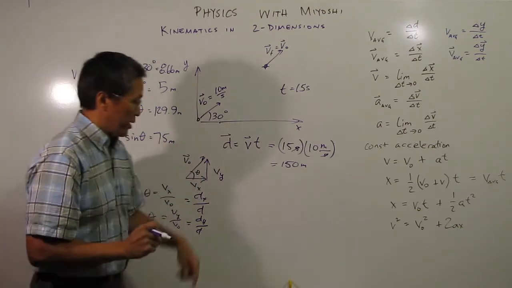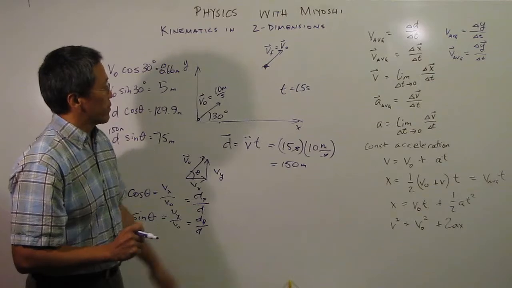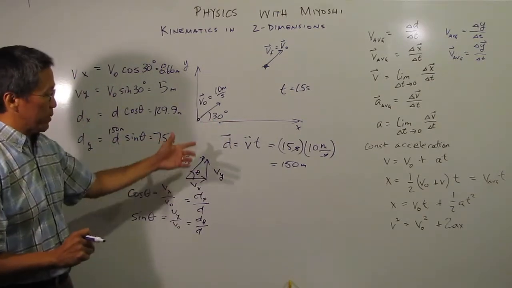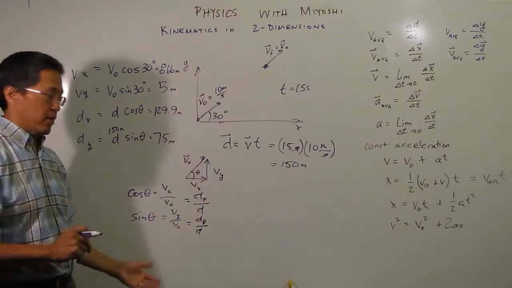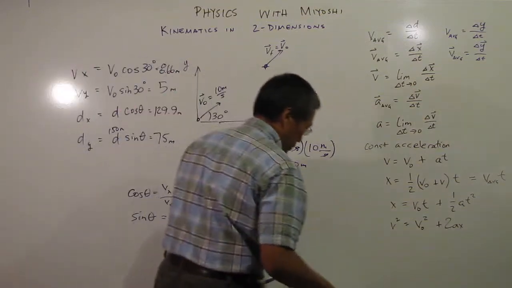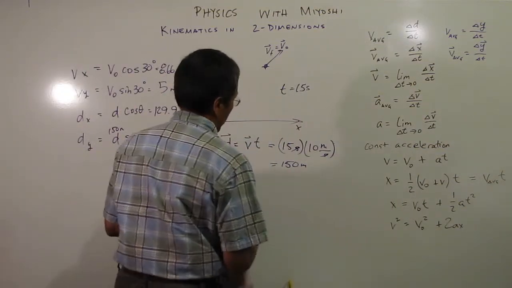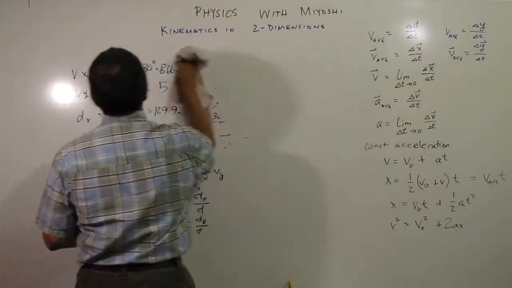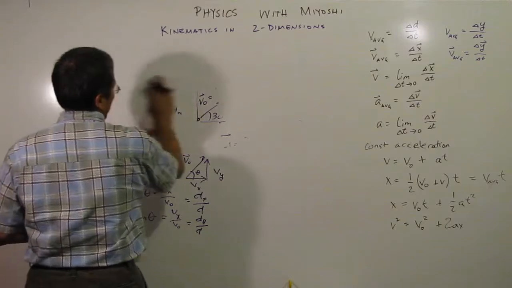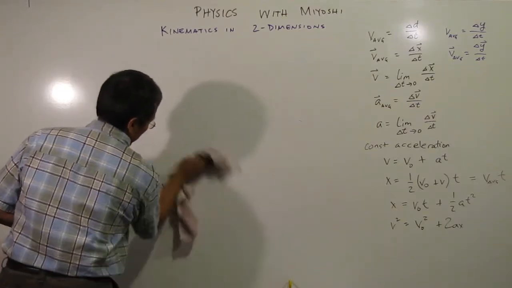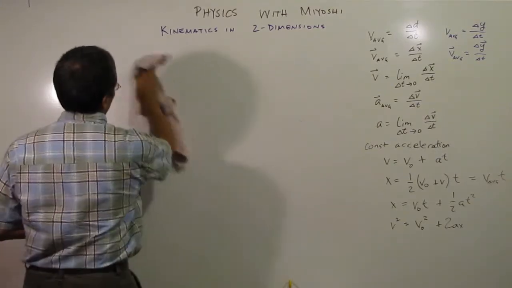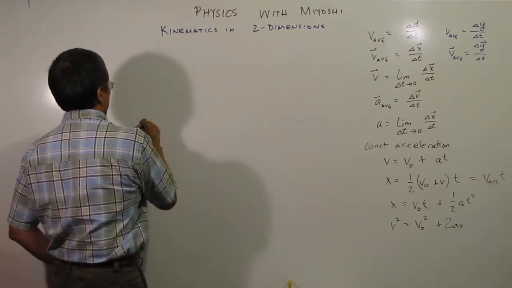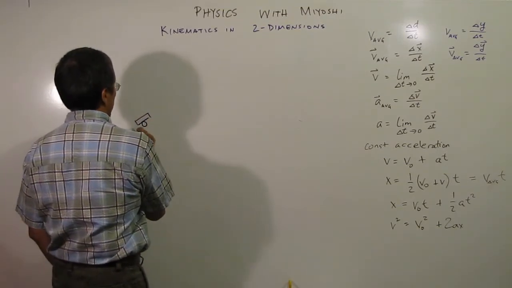So these are some very simple equations in kinematics in two dimensions, and this is usually not what we have. Most of the time what you're going to have is what we would call projectile motion. And in projectile motion, there's a couple things you can do to help yourself out. First of all, don't take too much time drawing your little picture.